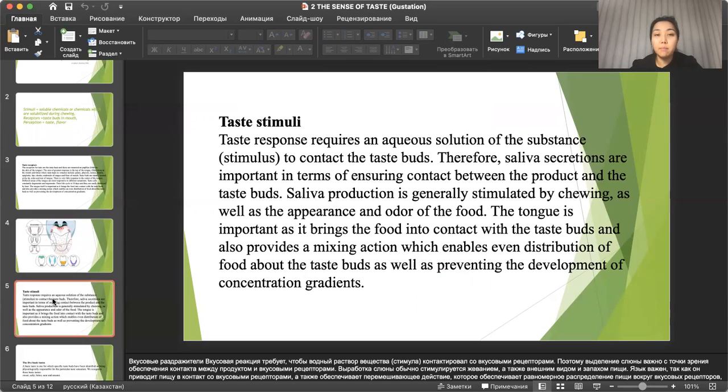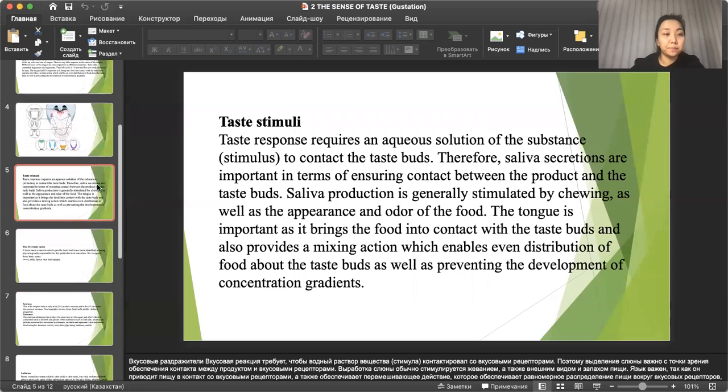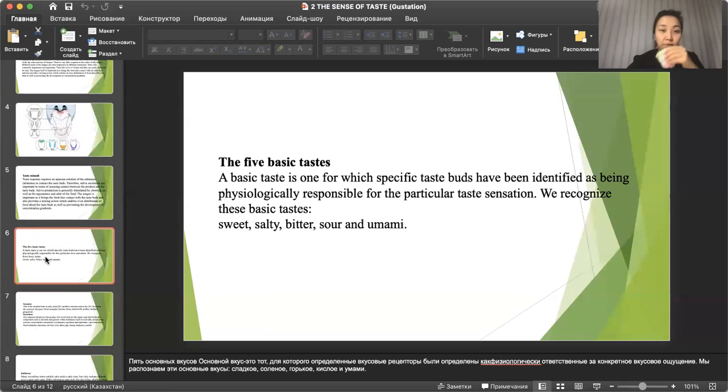The tongue is important as it brings the food into contact with the taste buds and also provides a mixing action, which enables even distribution of food about the taste buds as well as preventing the development of concentration gradients. The five basic tastes we can determine are sweet, salty, bitter, sour, and umami.